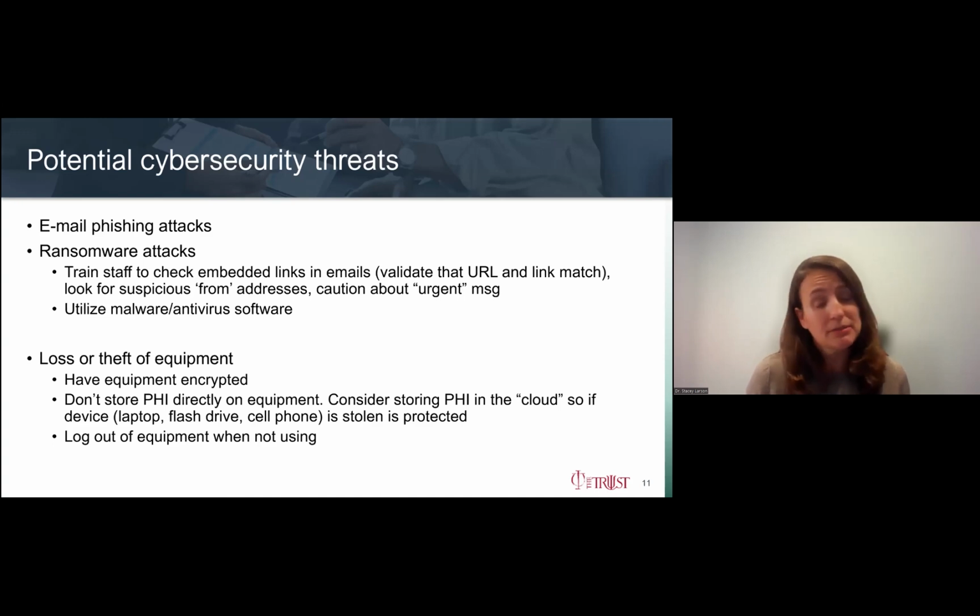Having the equipment encrypted. Encryption means that only the person with the encryption key can access it. So if you as the provider have the information encrypted and you have the password, the passkey, whatever term you want to use, you would be able to enter that information and see the record.